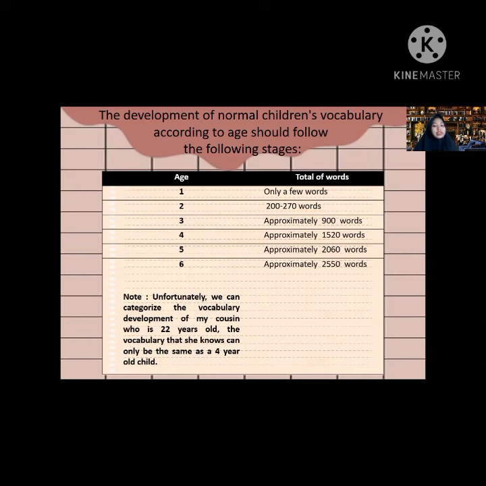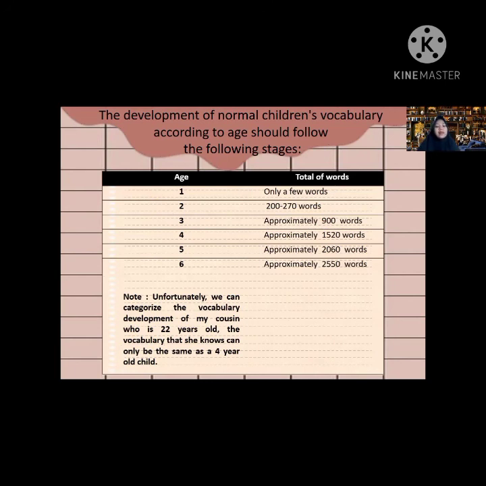Next, at the age of 5, the total of words that should be mastered by a normal child is approximately 2,060 words. And the last is, at the age of 6, the total of words that should be mastered by a normal child is approximately 2,550 words.